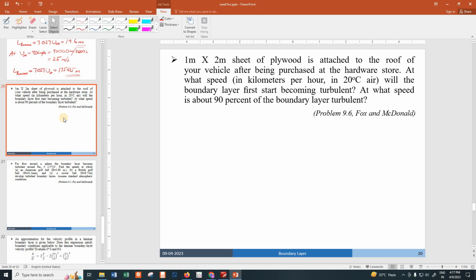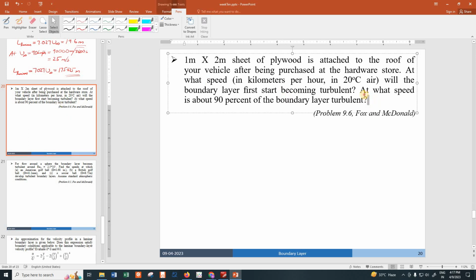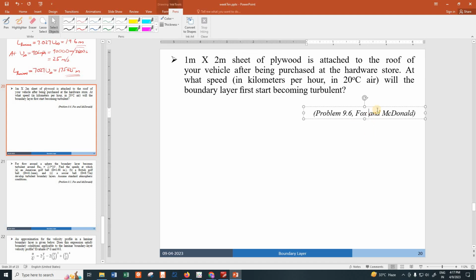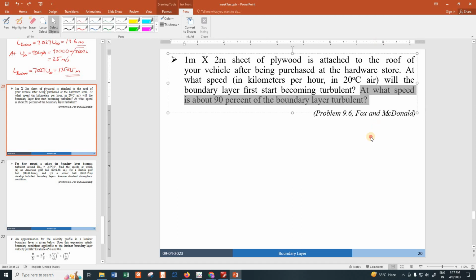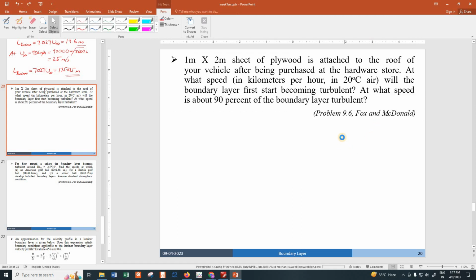At what speed will the boundary layer first start becoming turbulent? At what speed is about 90% of the boundary layer turbulent? So maybe we can just keep that.